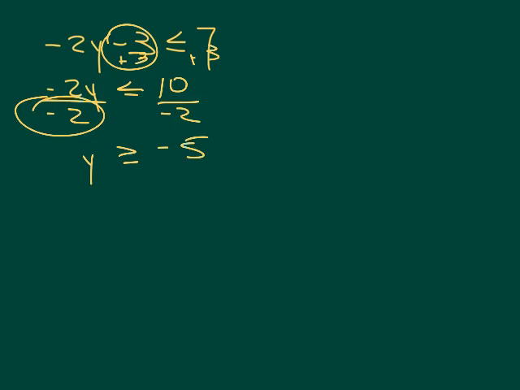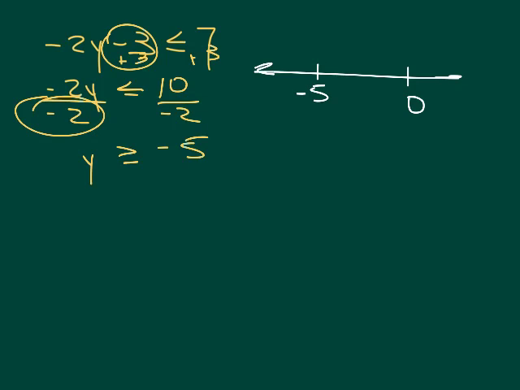And it depends on what they're asking me to do, if I were to graph this, I would have my graph. And I would put my 0 here and a -5 here. And it says greater than.